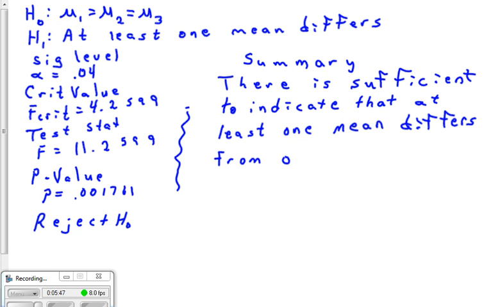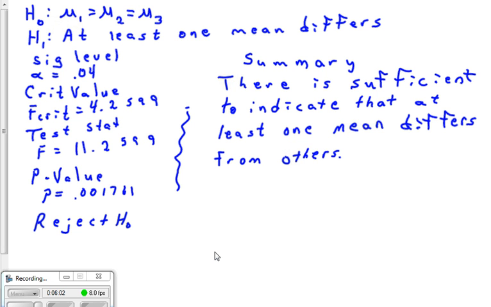It doesn't tell us which one, and it does not say that they are all different, just that at least one is different. So that would be the ANOVA process for testing the difference in the means.